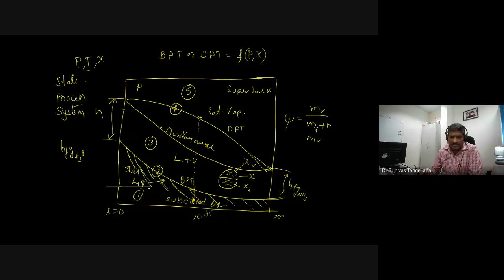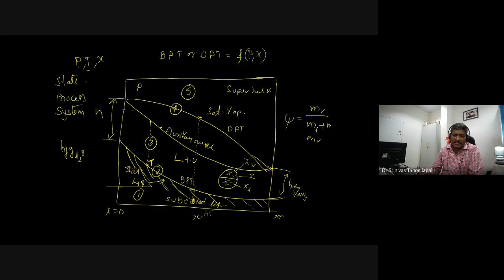At the start, the given temperature is the saturated liquid state. Let me call this T, the given temperature, and draw a vertical line from this temperature. This curve is related to the same pressure. It is a combination of pressure and temperature, not the concentration. The concentration is related to the axis.